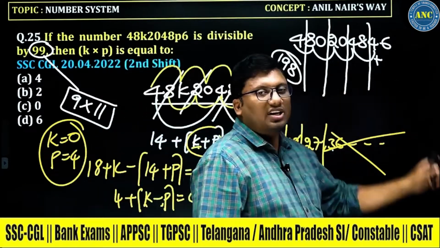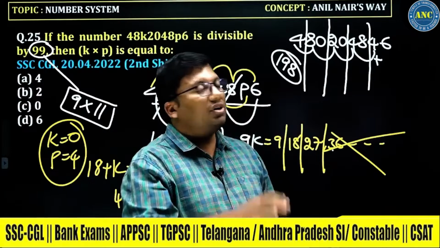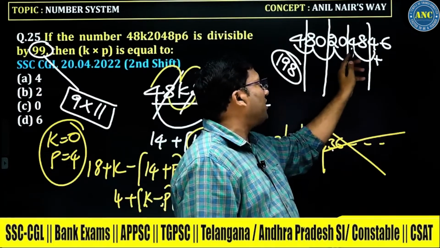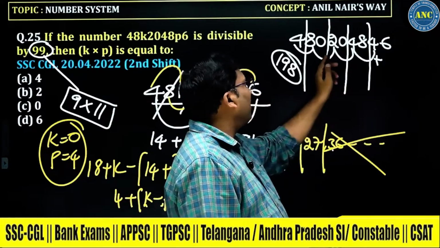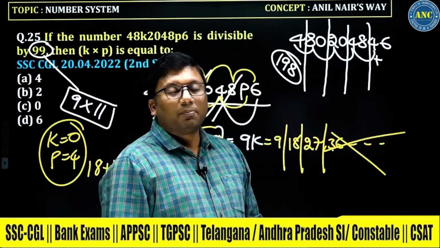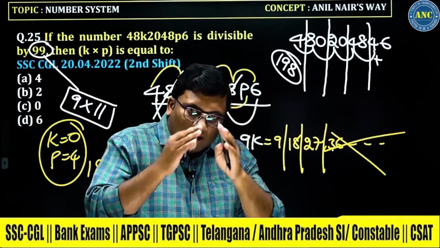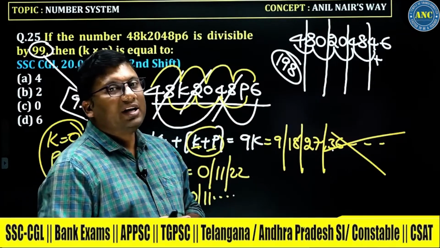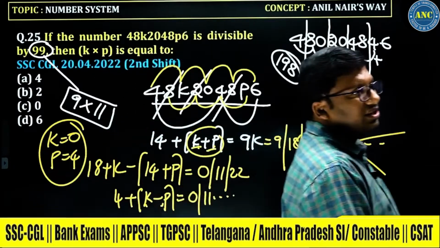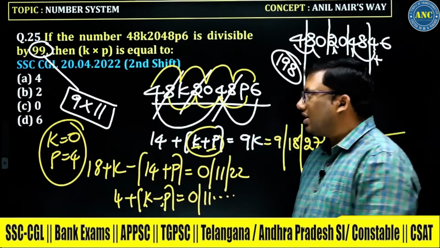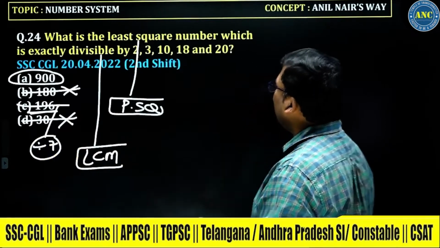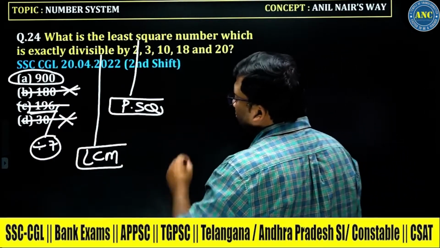I hope the idea is clear. The 99 divisibility rule is 9 into 11. Here it is a perfect square.